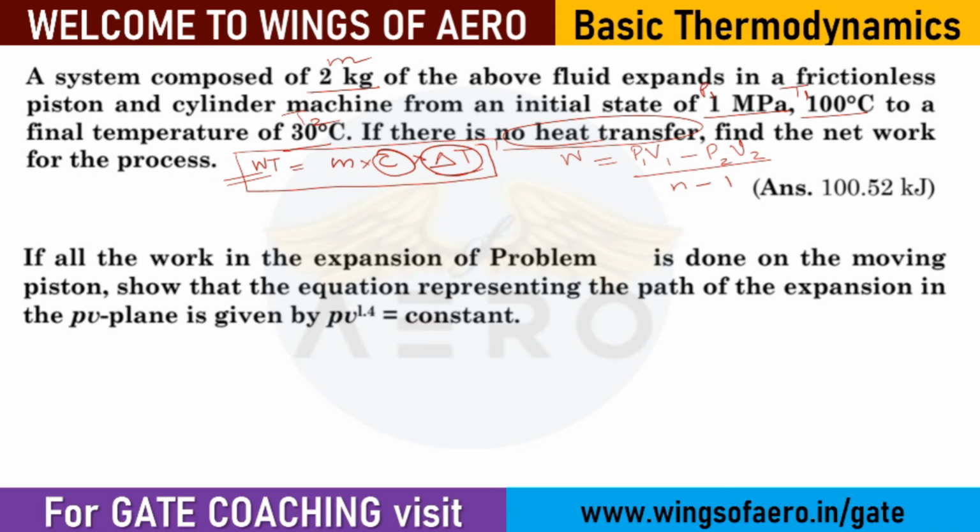Constant pressure. Why constant pressure? Because it is given, from an initial state of 1 MPa. But they didn't say it is constant. First of all, did they say it is constant? It's given expand.